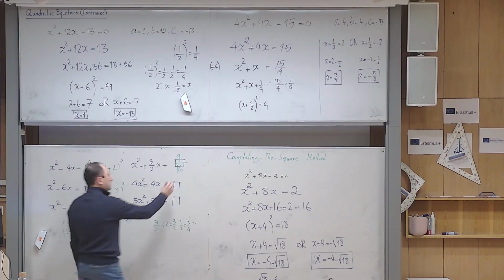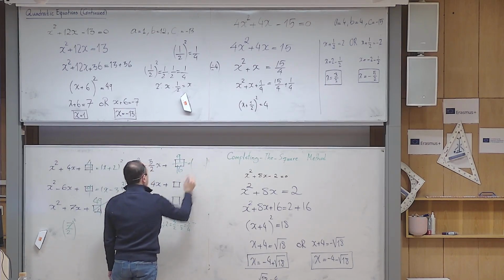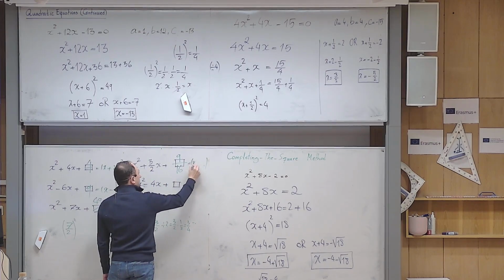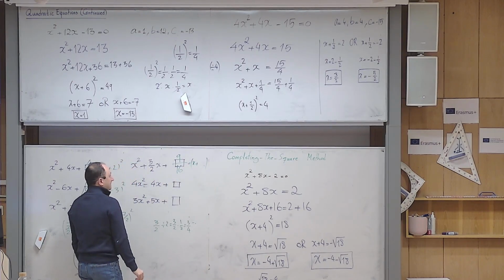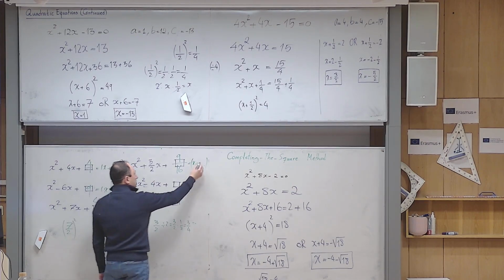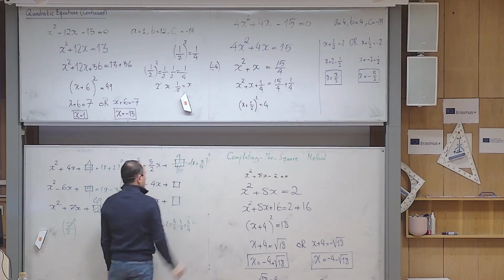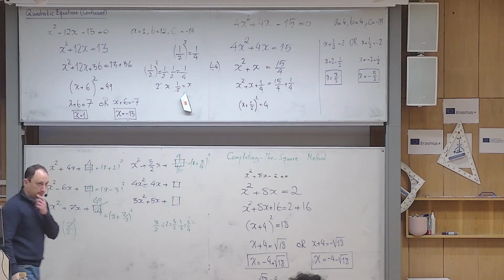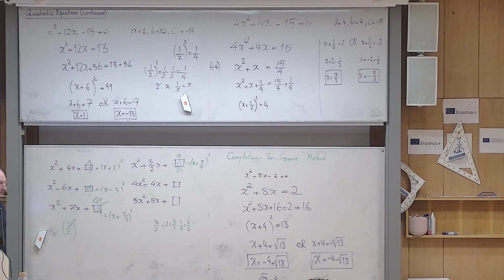And what will be the form at the end? It becomes x plus what? 3 over 4 to the power of 2. What about this one? 1. Just 1. Do you agree?